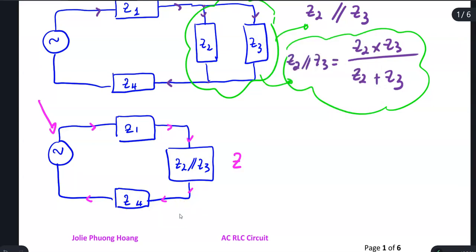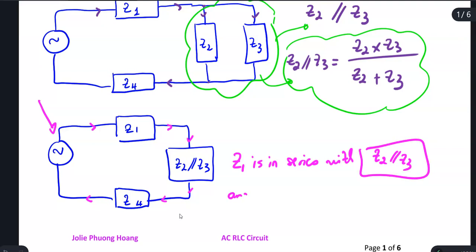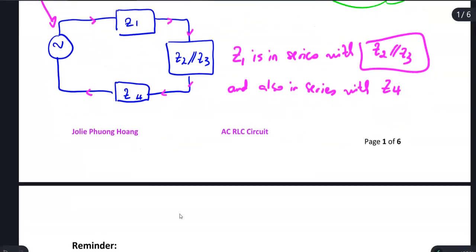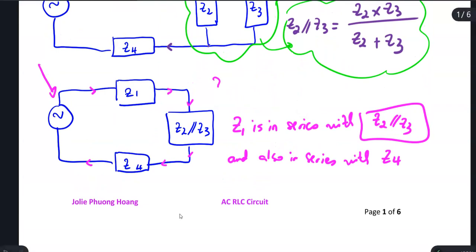So Z1 is in series with Z2 parallel to Z3, and also in series with Z4. So what formula do I get from here? The Z total will be equal to Z1 plus Z2 parallel to Z3, I put that in the bracket, and plus the Z4.